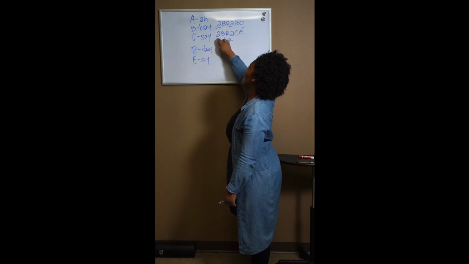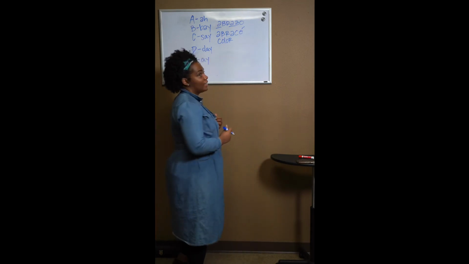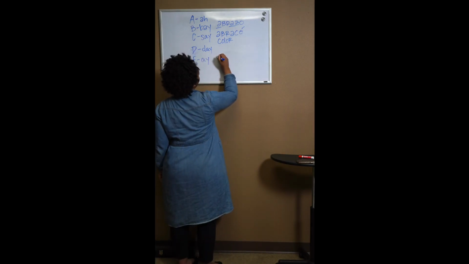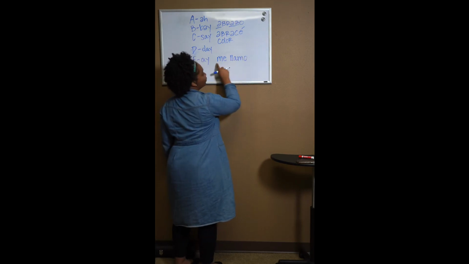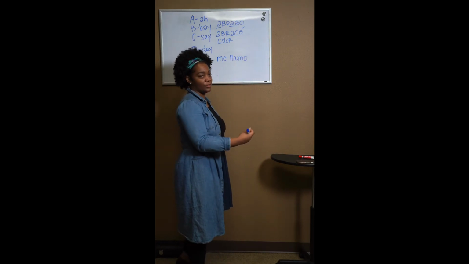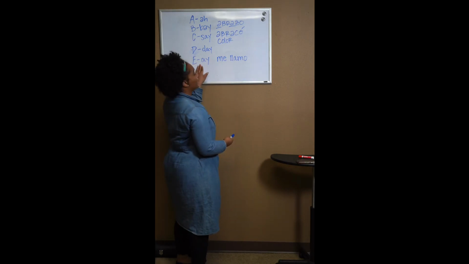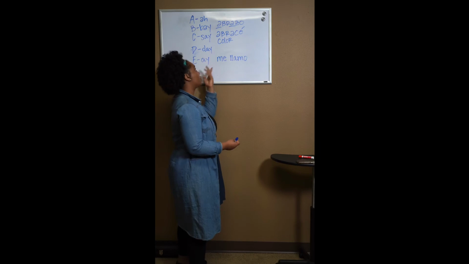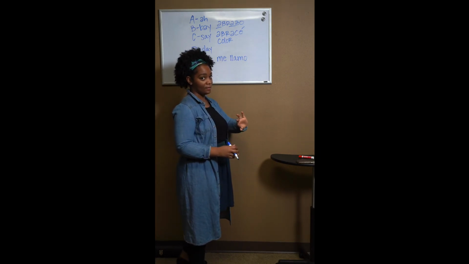Abracé, abracé. That's why when you say me llamo, you don't say mi llamo, you say me llamo. So the letter name for this and the sound switches with A. That's okay, because A is ah, E is eh.